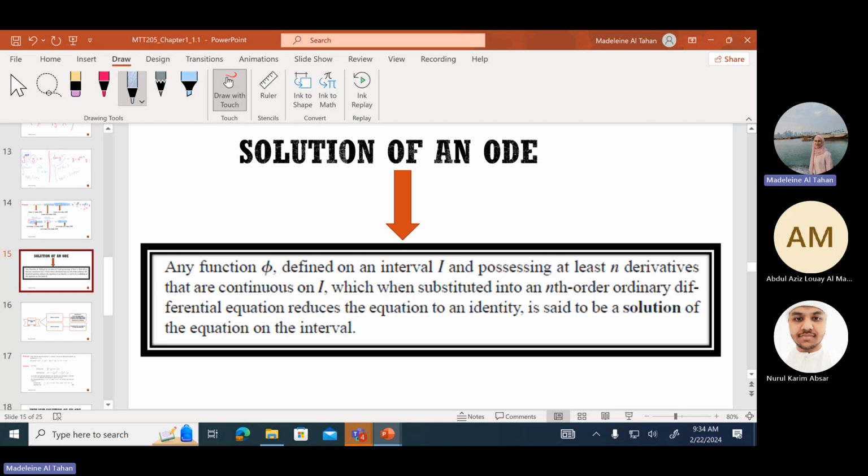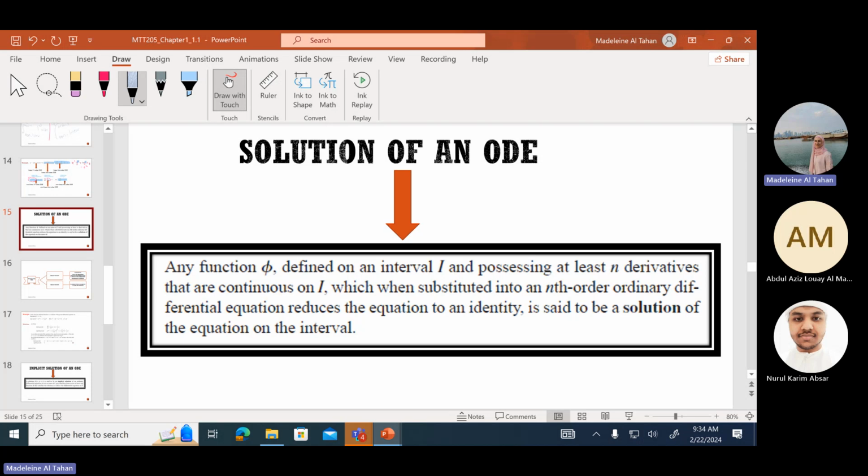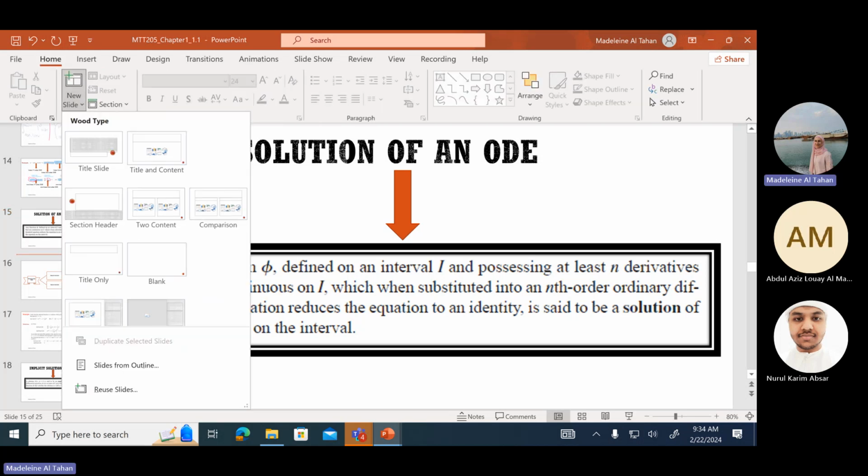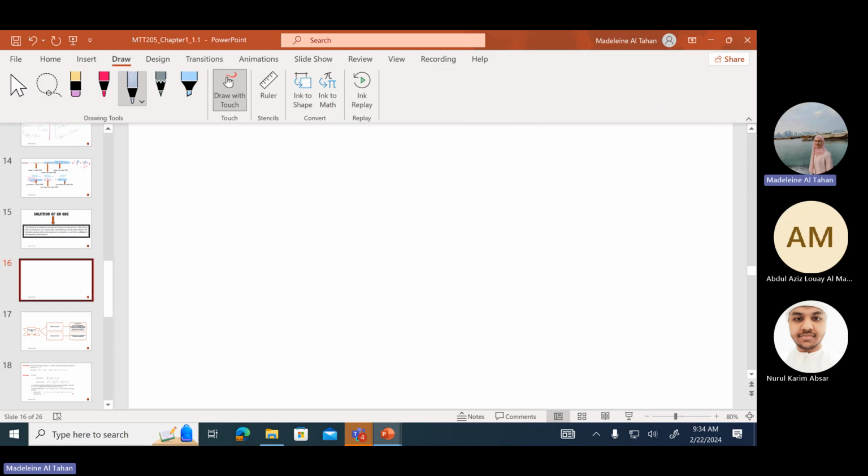Now, before we move to the solution for ODE, let's write together the formulas for derivatives. So let's complete the tables of derivatives, okay? Because we will use them.